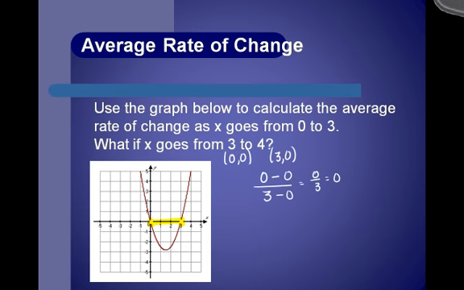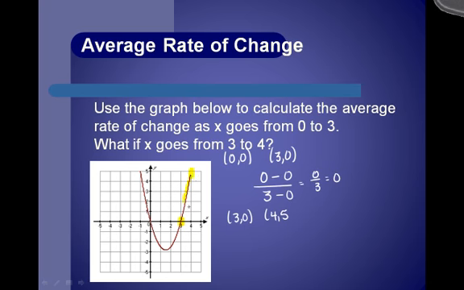Now what if x goes from 3 to 4? Well, if x is 3, that was this ordered pair right here, which was 3, 0. But if x is 4, that puts us all the way up here at the top, which was the ordered pair 4, 5. So we have the ordered pair 3, 0 here. We have the ordered pair 4, 5 here.